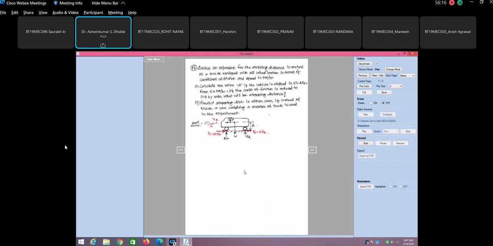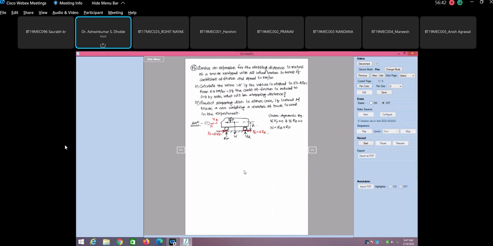So under dynamic equilibrium, summation of forces along y-axis has to be 0 and summation of forces along x horizontal is 0. So W is equal to RR plus RF.